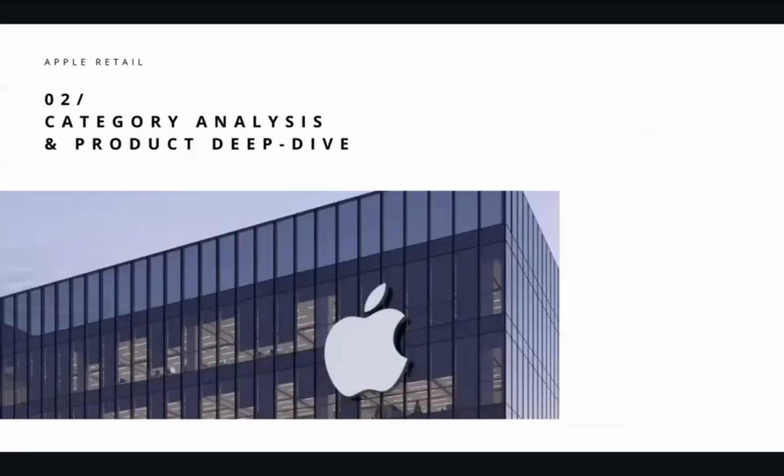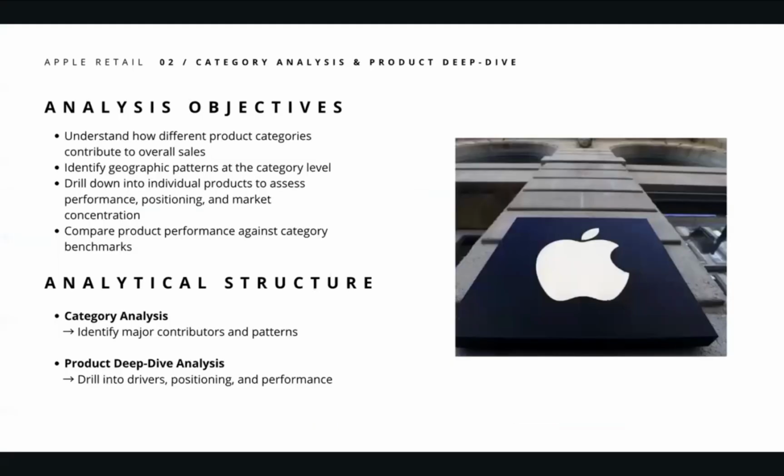So now I will walk through a two-level analytical framework designed to understand Apple retail performance from both a category and a product perspective. The goal is not to analyze a single product, but to demonstrate how this dashboard structure supports scalable, data-driven decision-making. This analysis is built around four key objectives.